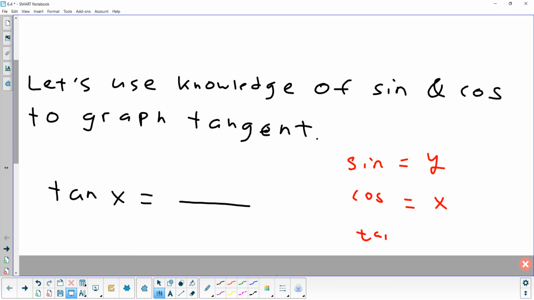And now, does anybody remember what tangent was? Yep. It was y over x. So if you think of it that way, tangent is really what divided by what? Yep. The sine of x over the cosine of x. It's the sine divided by the cosine.